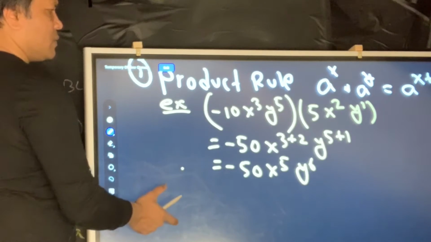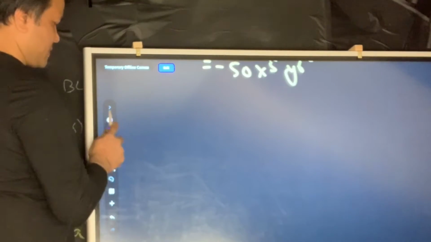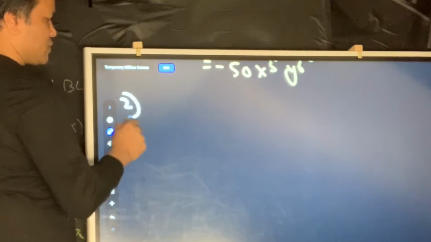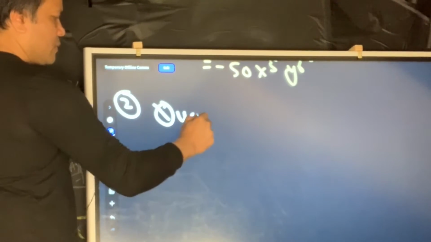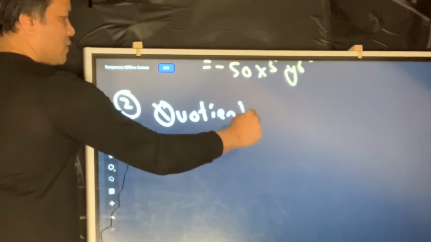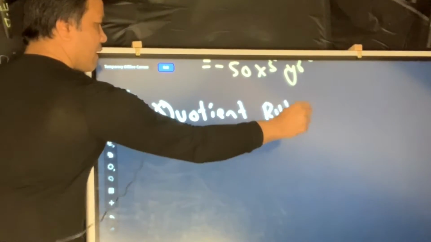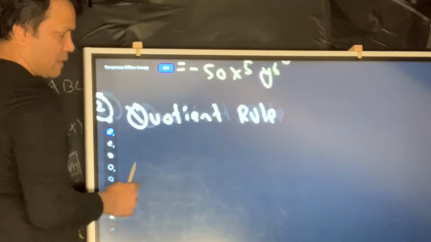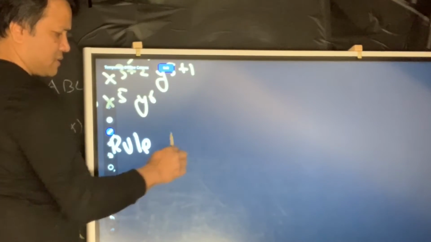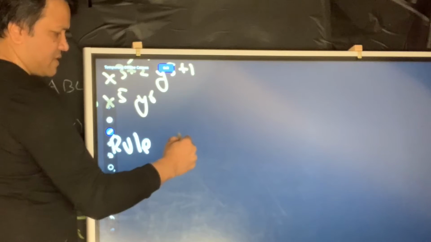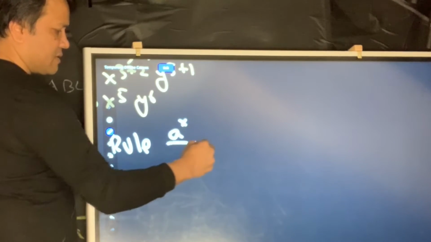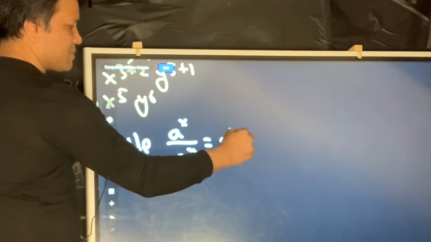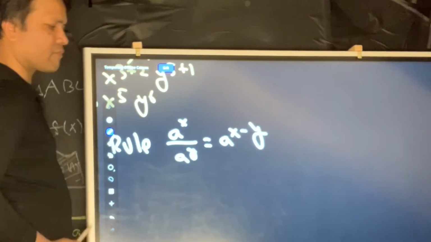Now we're going to do the second one, the quotient rule. Number 2, quotient rule. The quotient rule is similar to the product rule, but a little different because it is division, of course. a^x divided by a^y is equal to a^(x-y).